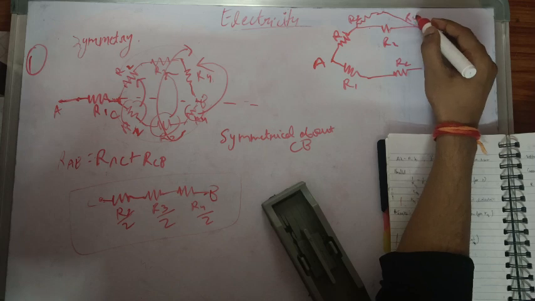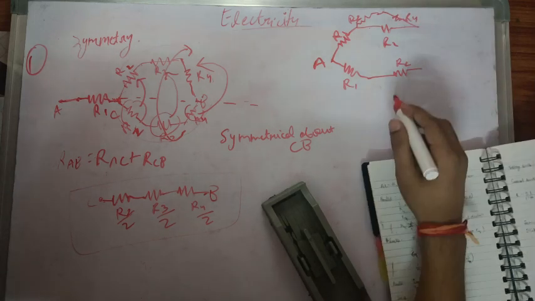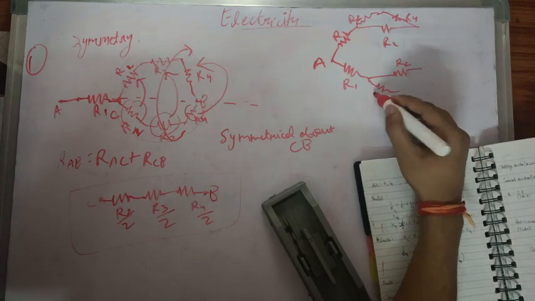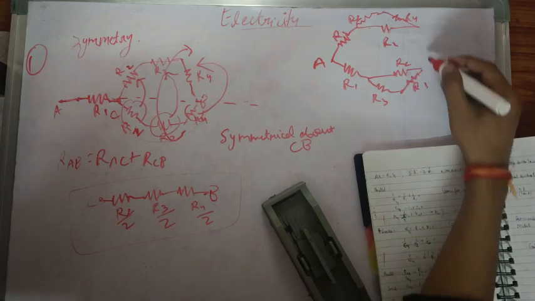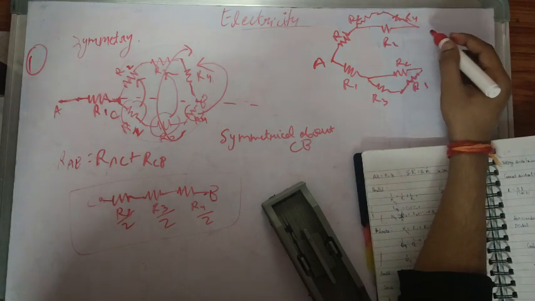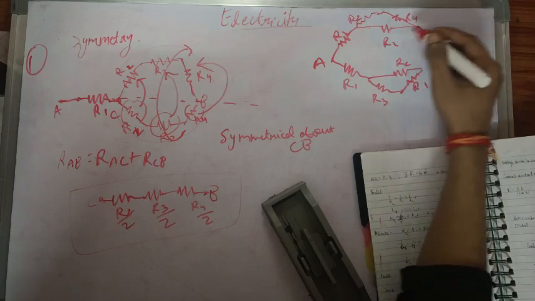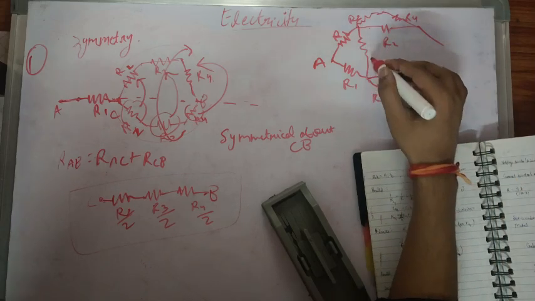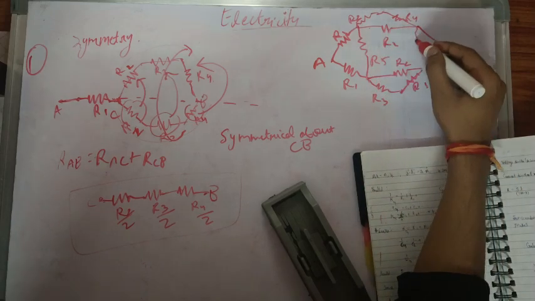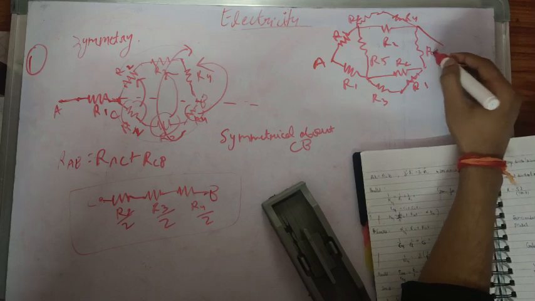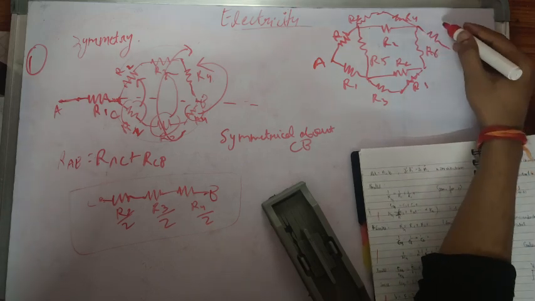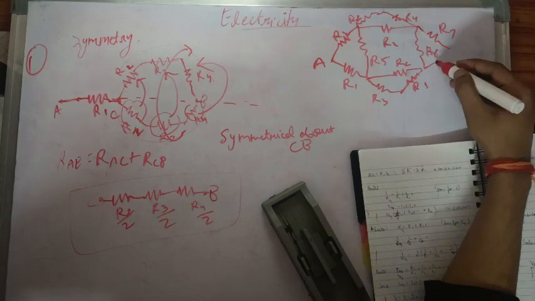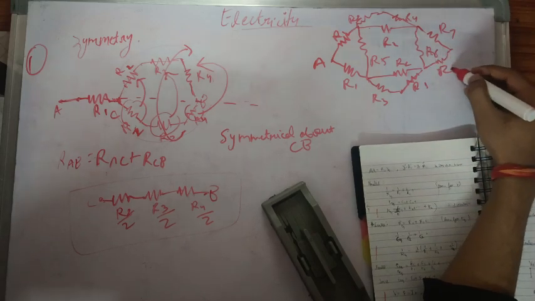This is R4, this is R3, this is R4, and this is R5, this is R6, and this is R7, this is also R7.